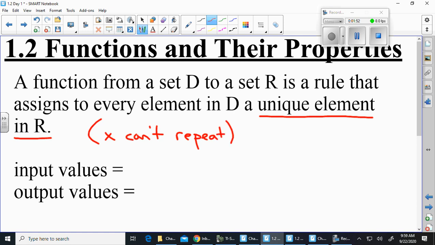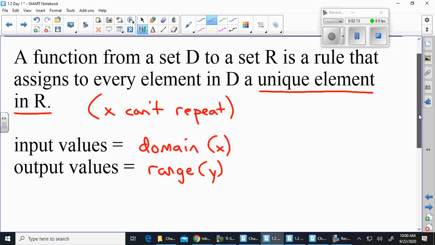So for any X, there's only one Y. Now, there could be the same Y going to 2 different X's. Our input is our X or our domain. Output is our range or our Y.